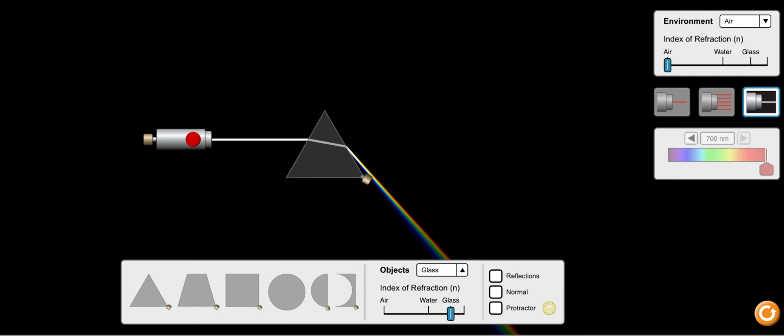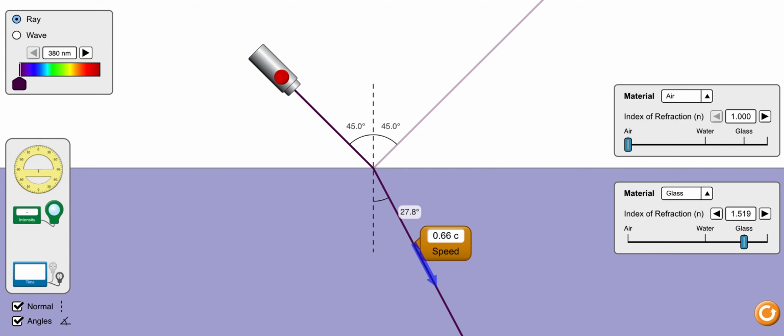Dispersion happens because we have refraction at each stage. We've got refraction when we go in and out. Imagining these rays of light are inside white light, when they meet the prism, they are all refracted by slightly different amounts.